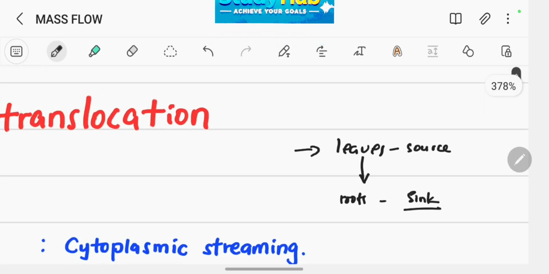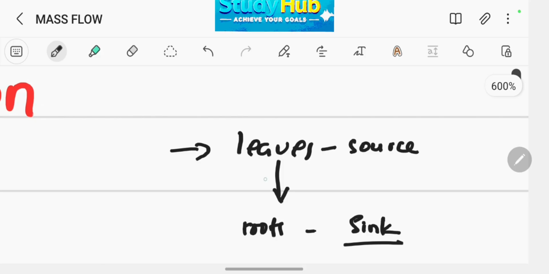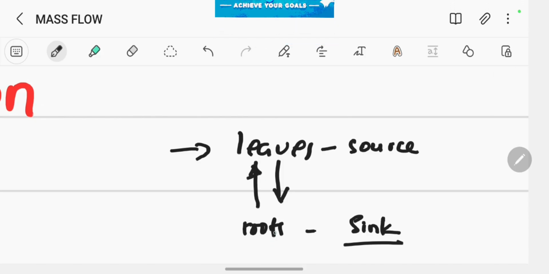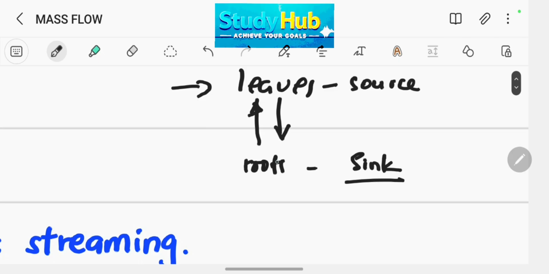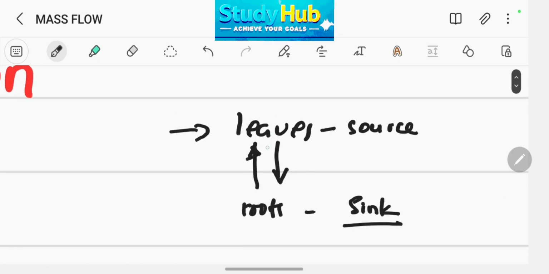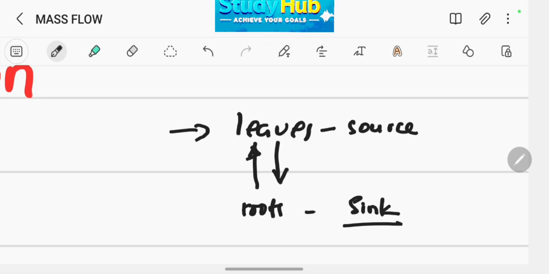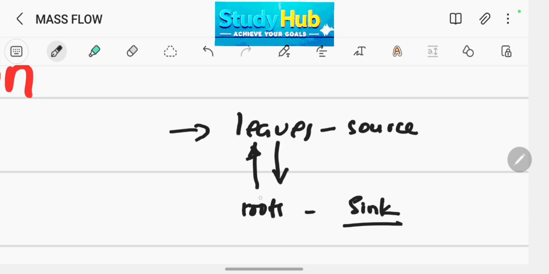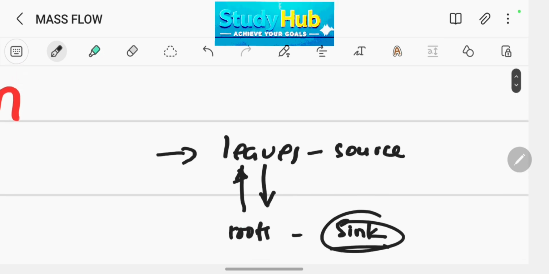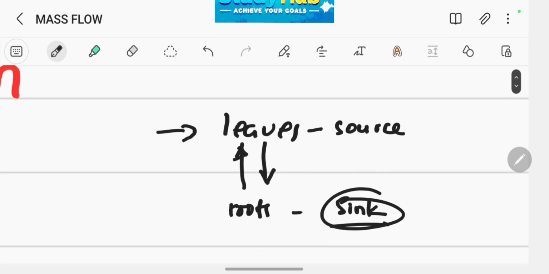And at some point you will find out that the roots are the source and the leaves or some other organs that are going to be utilizing this sucrose or the carbohydrate being the sink. So it happens in two directions.